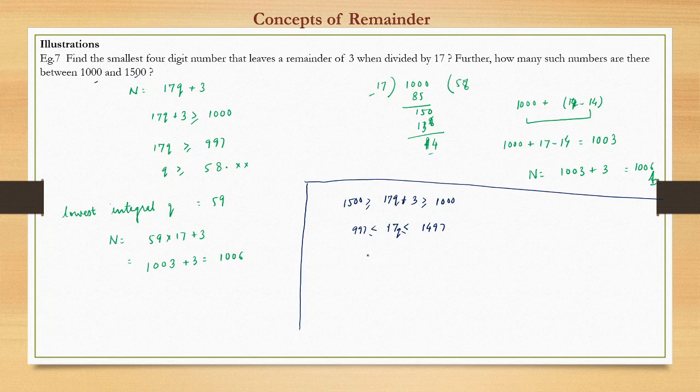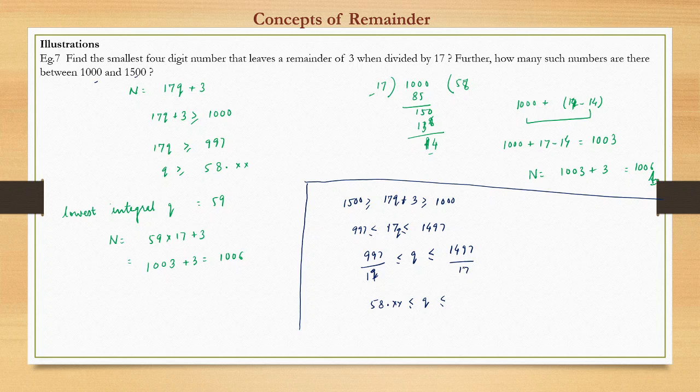So this is nothing but 997 by q less than or equal to 17. Here we can find out 58 decimal something less than or equal to q less than or equal to this.